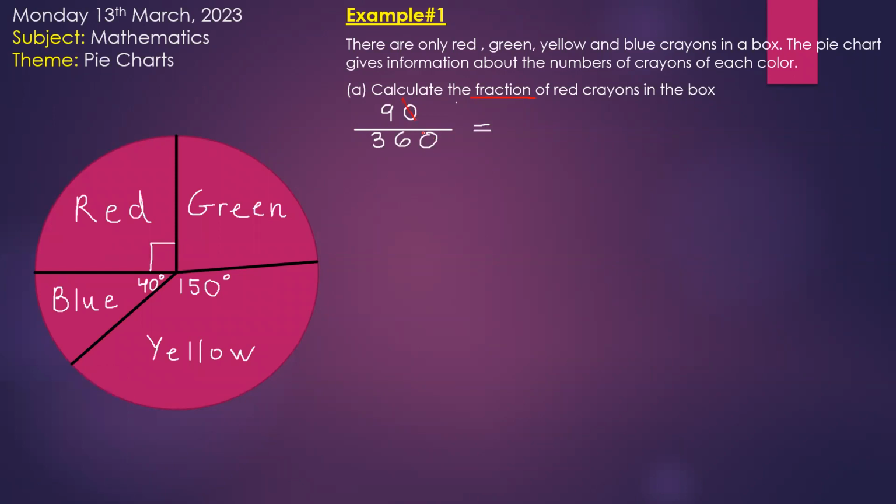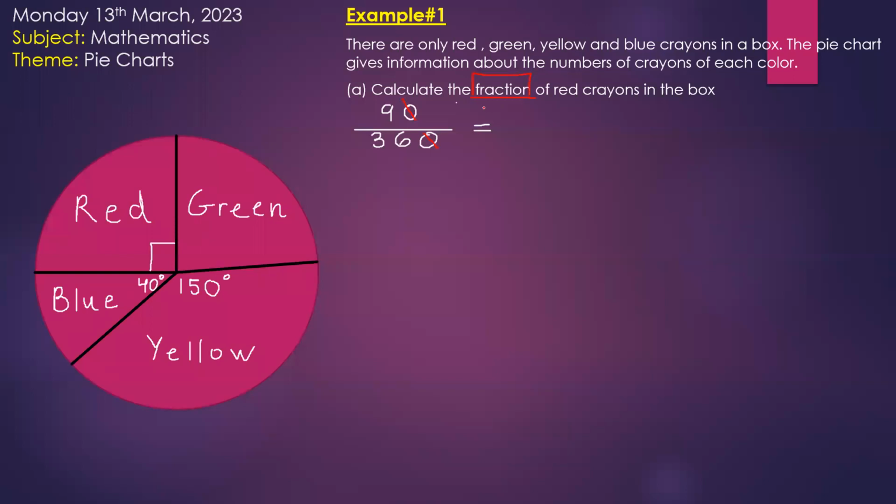I have a question. Go ahead. Why are we dividing and not subtracting? Okay, so Lanaya, it says calculate the fraction of red crayons.